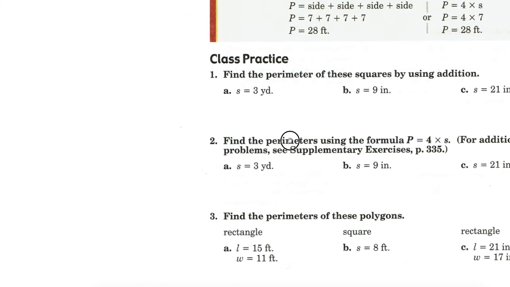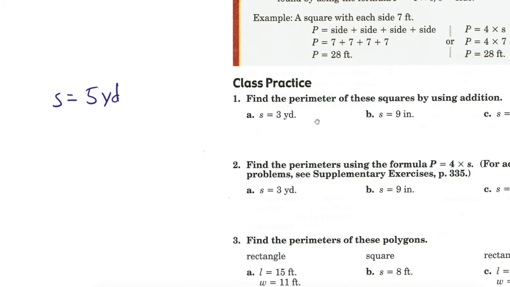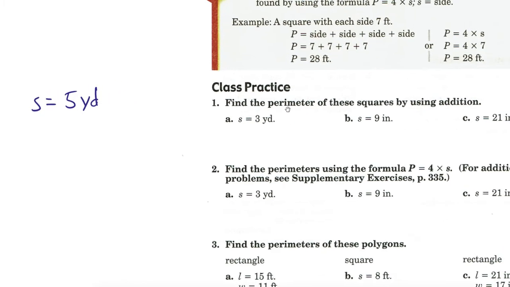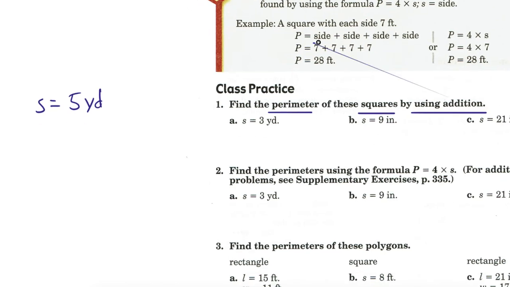All right, so I'm going to do a pretend problem here. So let's say S equals 5 yards. They want you to find the perimeter of these squares by using addition. They want you to use the addition formula, side plus side plus side plus side.